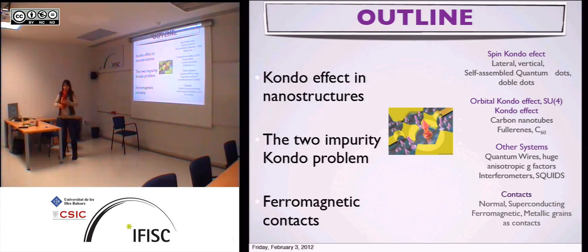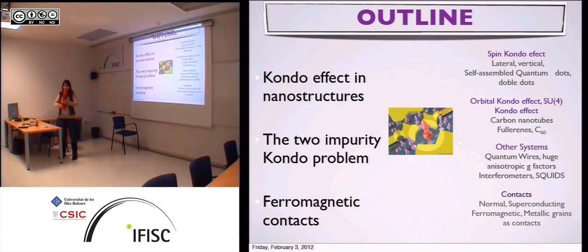This will give you two different peaks in the linear conductance. The linear conductance is more or less the current, but when the bias voltage is very small, okay? So then you can see that you have two peaks. One peak is when this level is aligned with the Fermi energy and there is no electron in there.